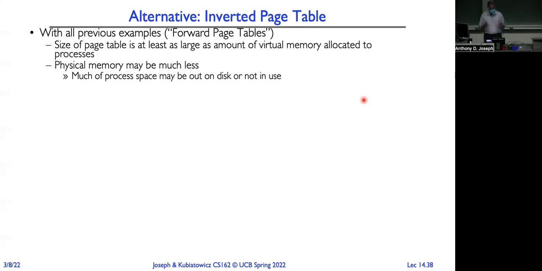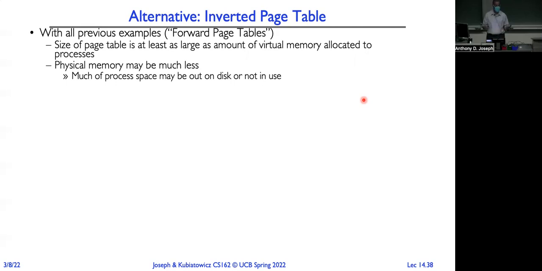And so the size of our page table is going to be proportional to the amount of virtual memory that we've allocated to this process when we use one of these multi-level schemes, so we don't have sparseness in our data structure. But the actual physical memory that we have could be much, much less, right?